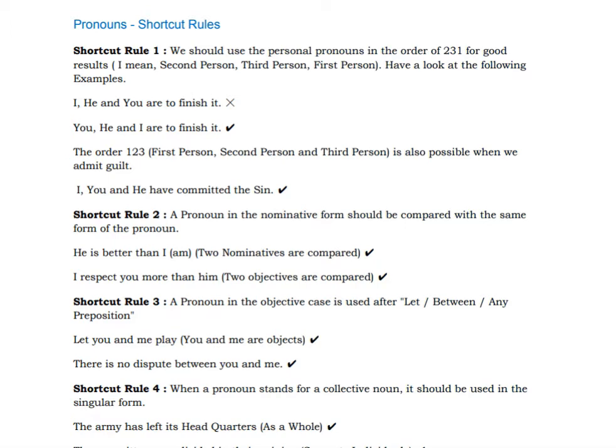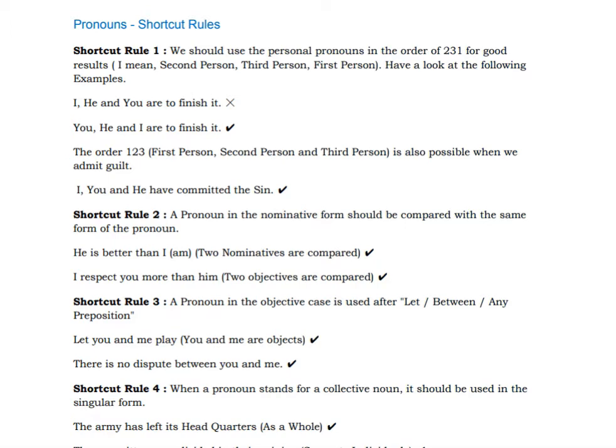So you have to have second person at first. So the order will be 2, 3, 1. So second person, third person, then first person. So you yourselves will be the last person. You got it now? So if it is I, he and you will be at first.